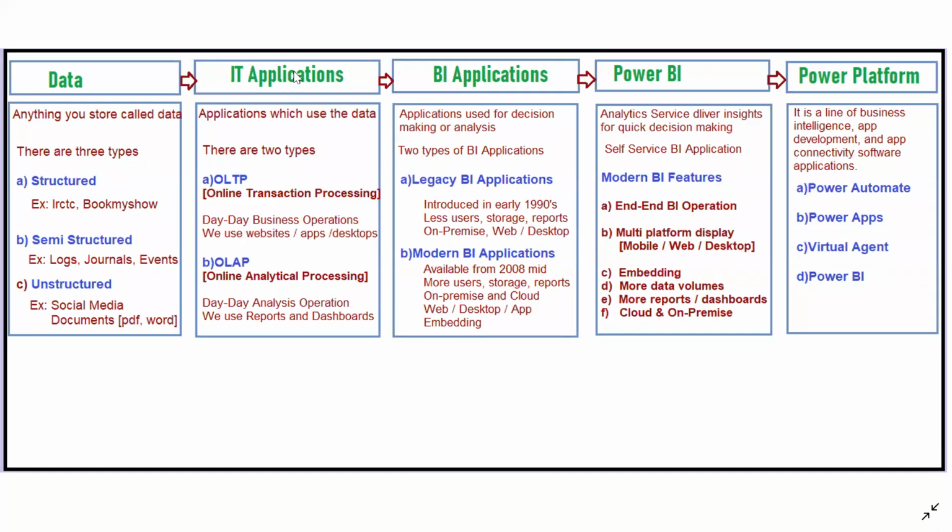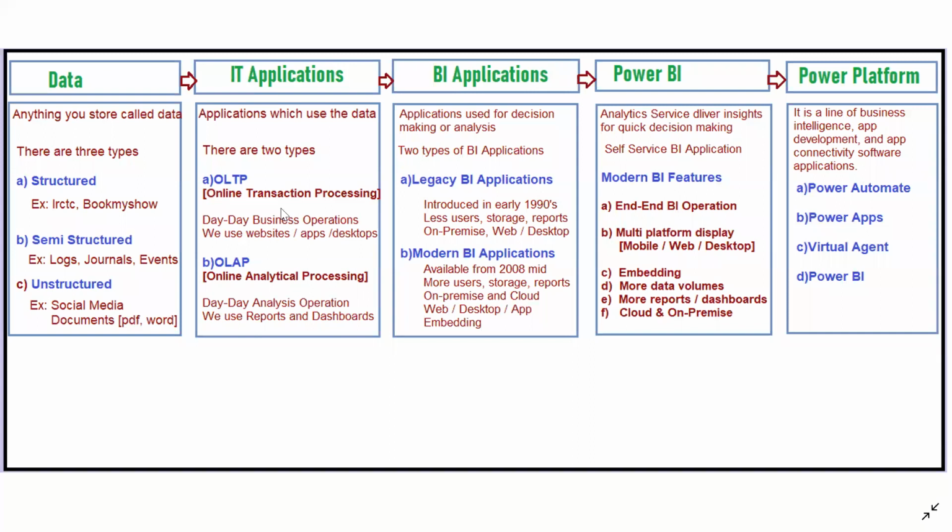And IT applications deal with this data only. We have 2 major applications. One will process the business. Ticket booking is a business. When you go to a shopping mall and purchase something, that information storage is a transactional business. Simply, business operations applications. Second, what business data is stored?